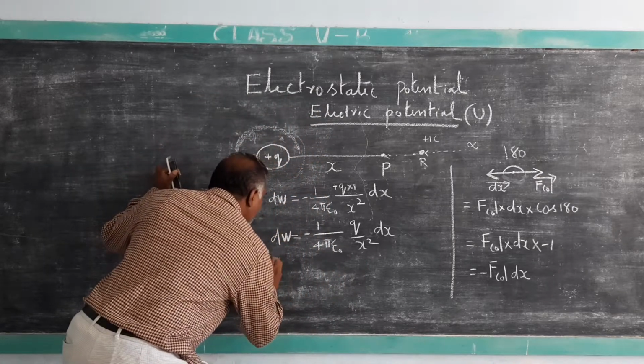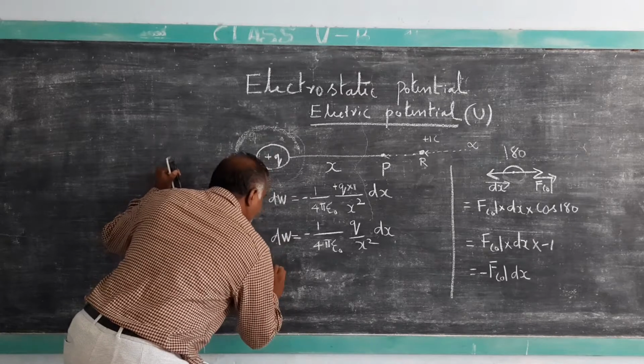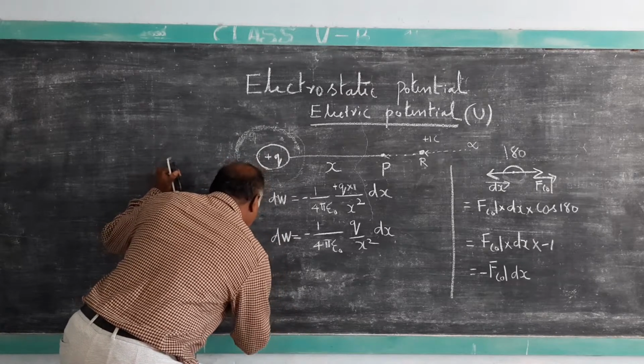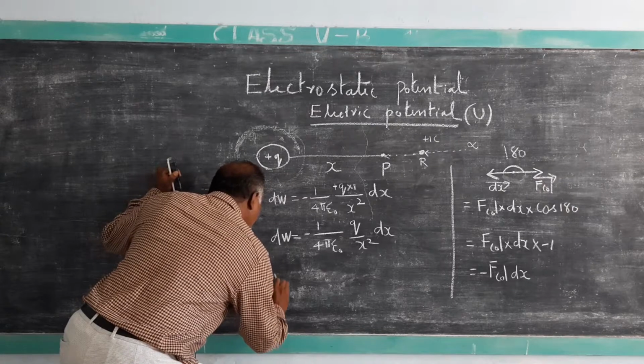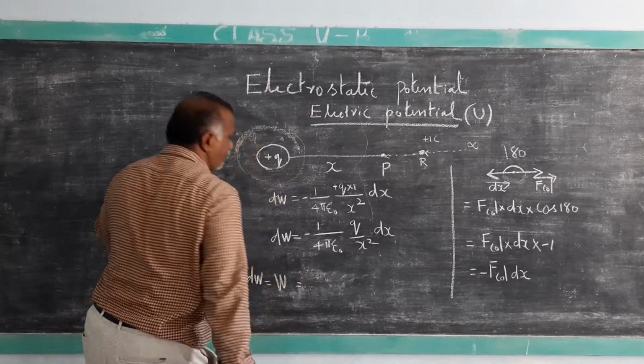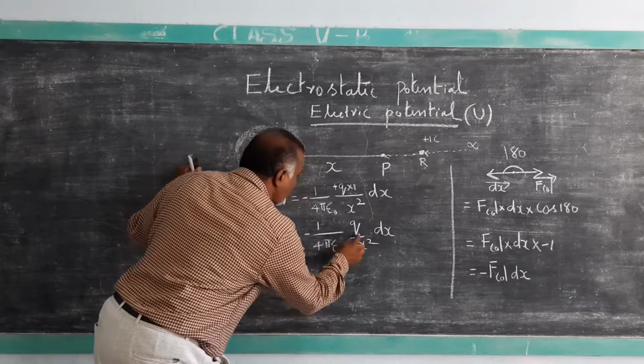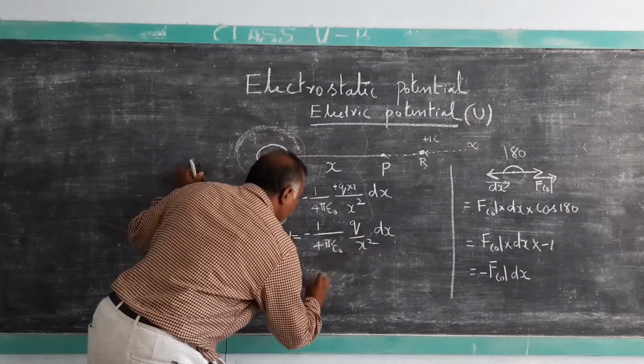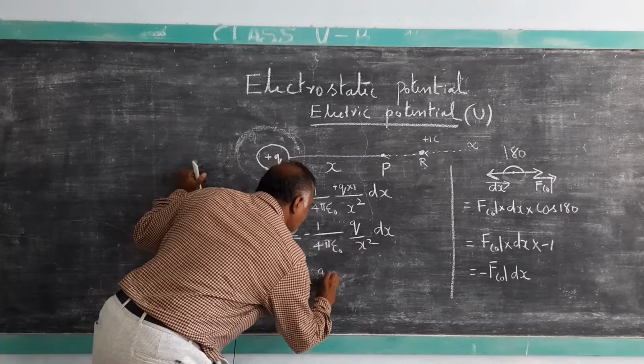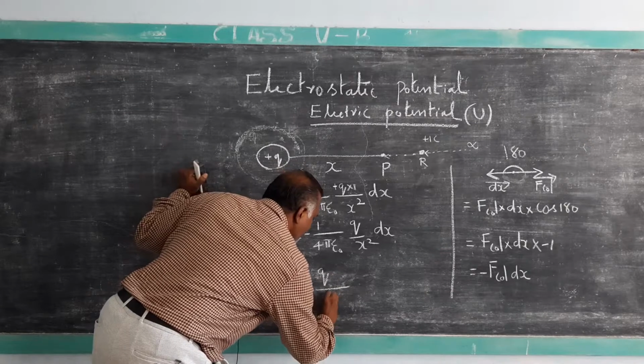So integration of dw is W, which is equal to minus q by 4 pi epsilon naught, where 1 by 4 pi epsilon naught is a constant, we take it outside. Q divided by 4 pi epsilon naught.